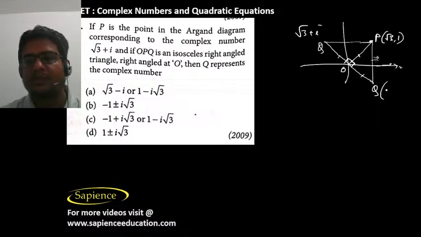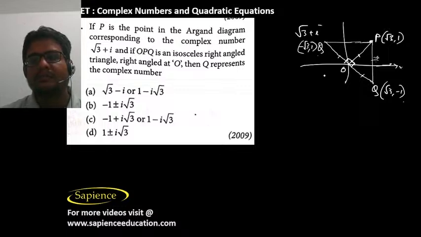So this will be root 3 comma minus 1, and this will be here, the y coordinate will be the same, the x coordinate will become negative, that is minus root 3 comma 1.